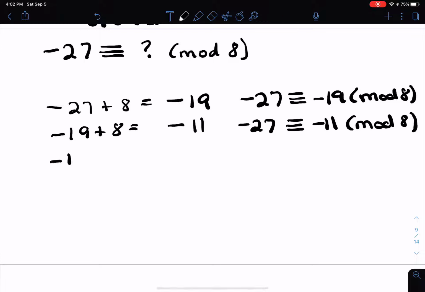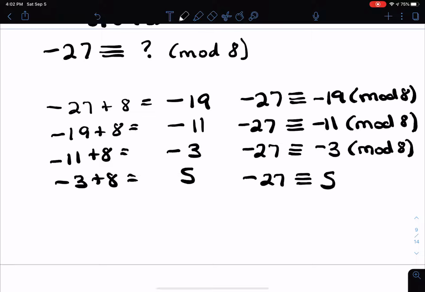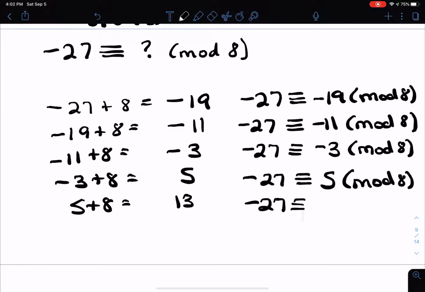You can take -11, add 8, and you get -3. So -27 is congruent to -3 mod 8. If you add -3 and 8 together, you get 5. -27 is congruent to 5 mod 8. Take 5 and 8, you get 13. -27 is congruent to 13 mod 8.